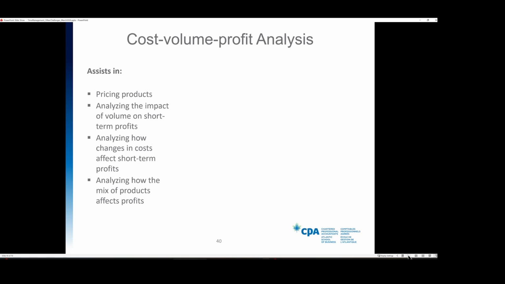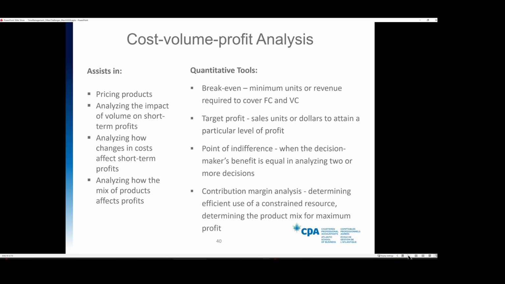Cost, volume, profit analysis assists in pricing. That helps analyze the impact the change of volume or the change of cost has on short-term profits. The most popular one analyzes how the mix of products affects profit. So there are several types of quantitative tools.